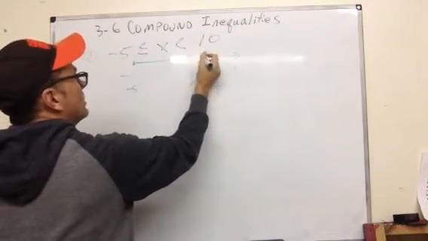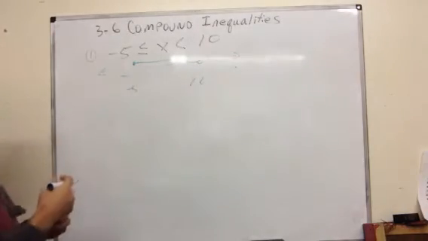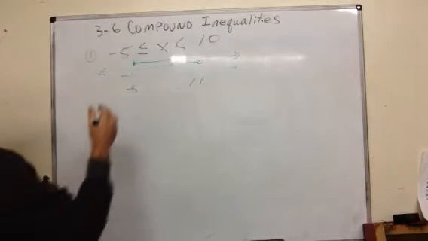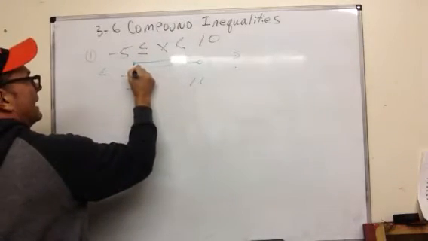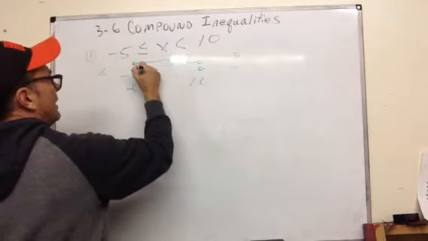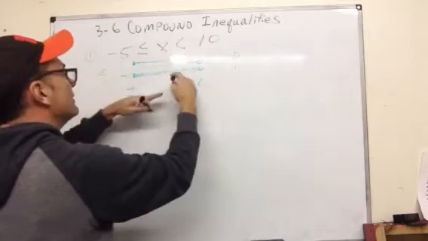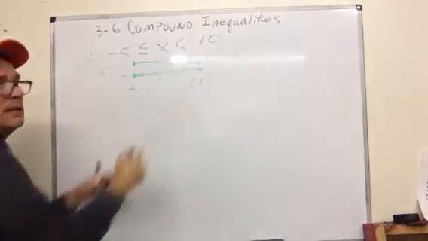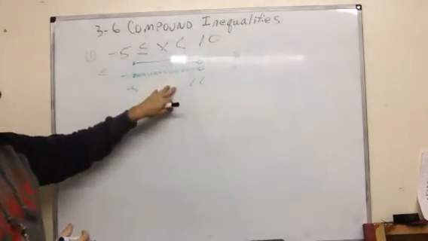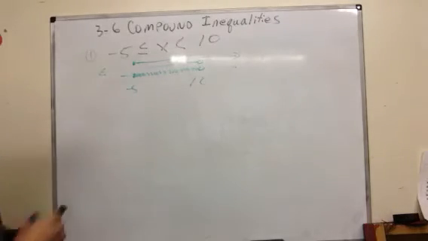This one is an open circle and shading to the left. And now, where do they intersect? They intersect at -5 with a closed circle. They intersect with an open circle at 10. And this will be our answer. As you can see, the answer is the meat of the sandwich. It's in the middle, right here. And that's how every single one of these will be.